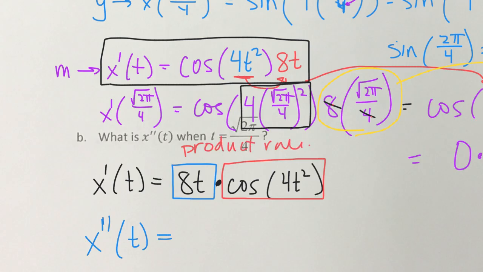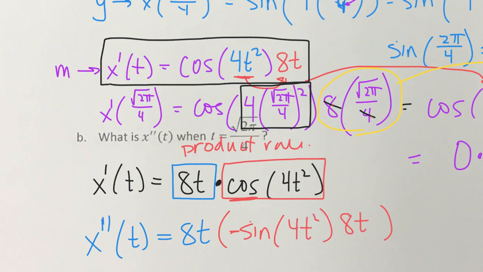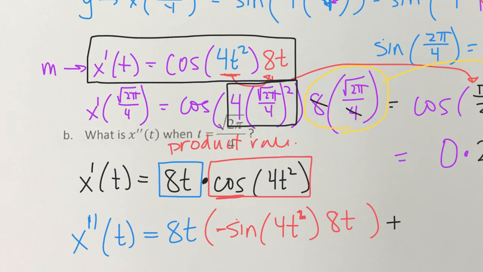So we leave the first thing alone and take the derivative of the second thing. The derivative of cosine is negative sine of 4t squared times 8t. This is always a chain rule derivative, so that's just for the cosine of 4t squared.